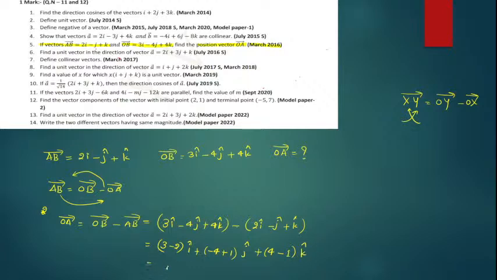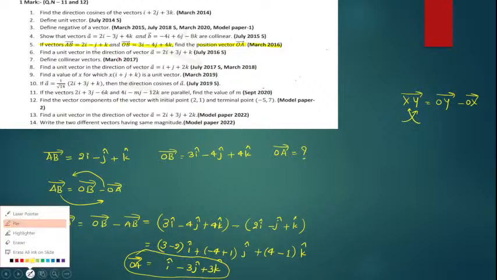So finally we will get i cap minus 3j cap plus 3k cap as your vector OA. So you can go for 1 mark here. You can check it out: simply OB minus AB you have to do. I hope you got the points. So your answer for OA vector is i cap minus 3j cap plus 3k cap.